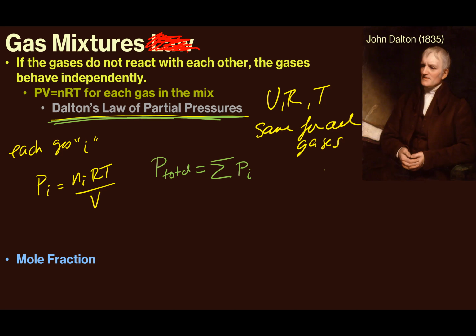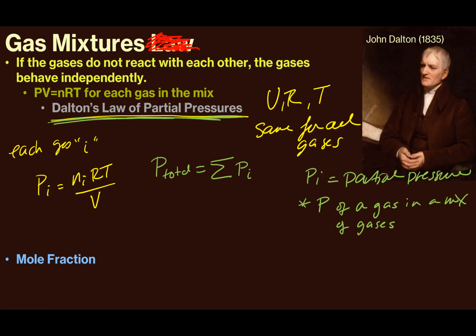So P_i is a partial pressure, which is just the pressure of the one gas in the mixture of gases. This is the pressure of a gas in a mix of gases.